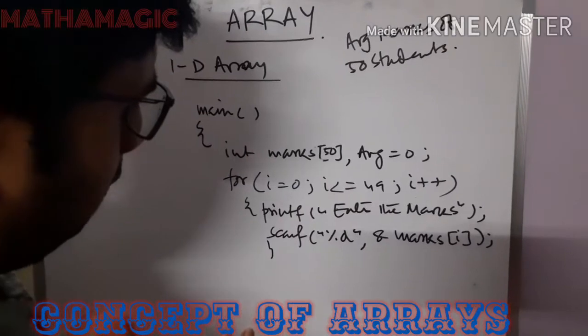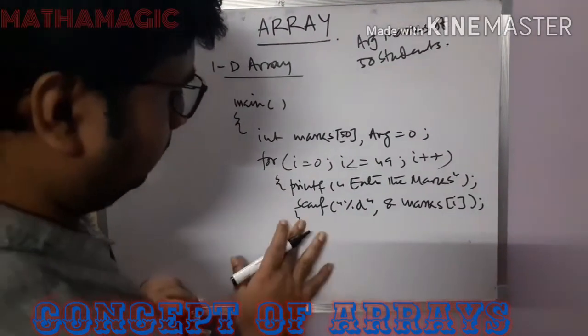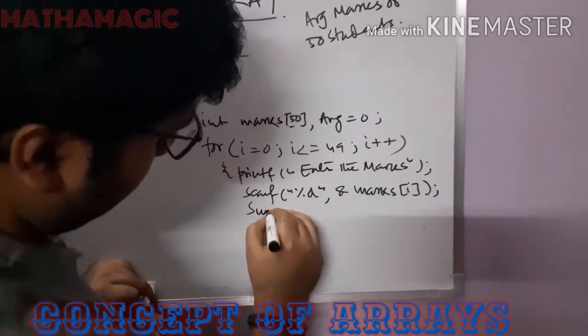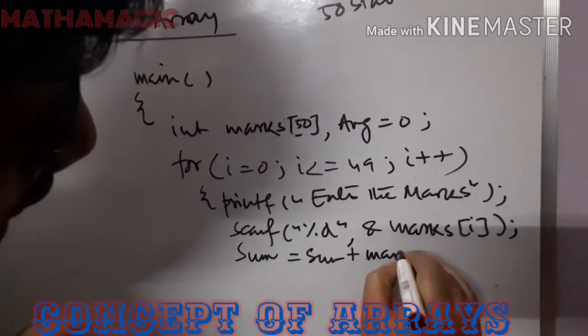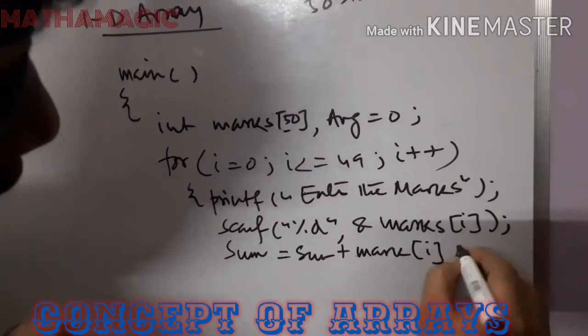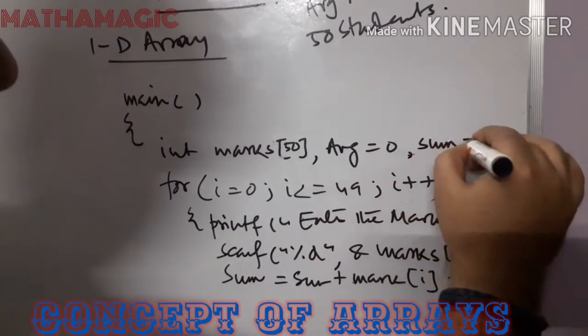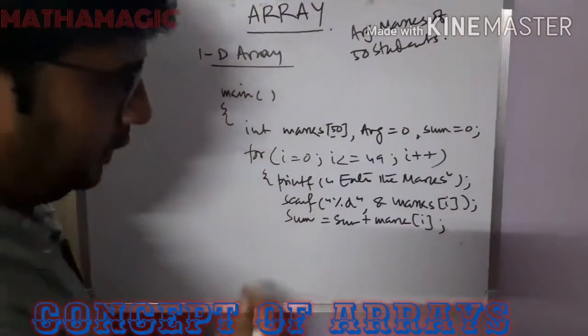We'll perform one more thing, in order to perform the sum: sum equals to sum plus marks[i]. You just do this one because in order to calculate the average, we have to get the total marks, right?